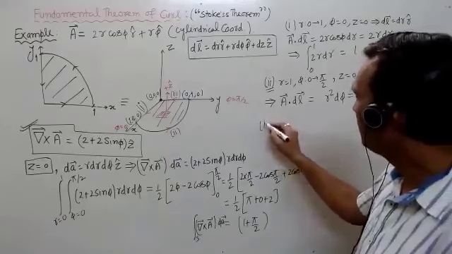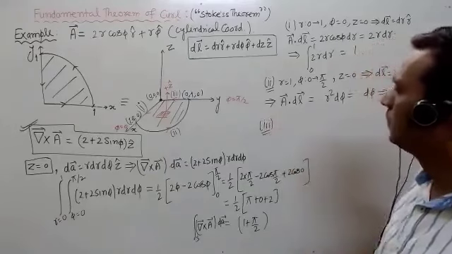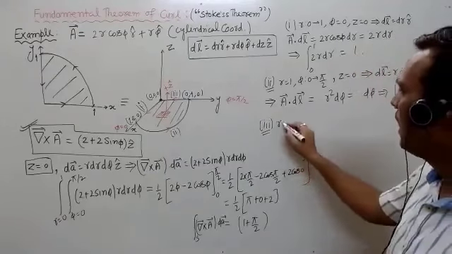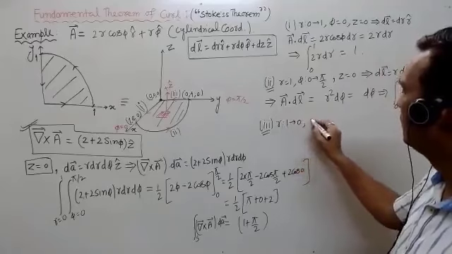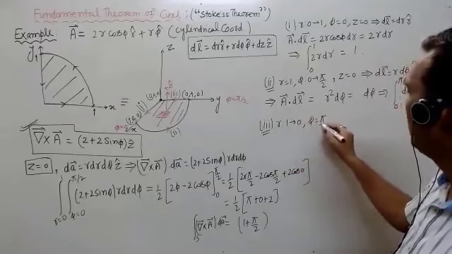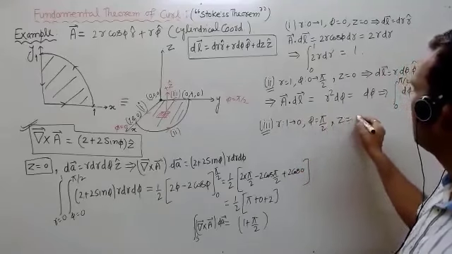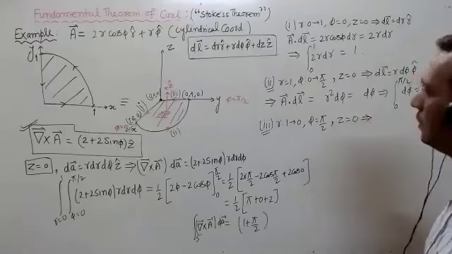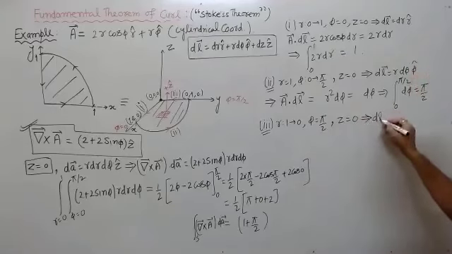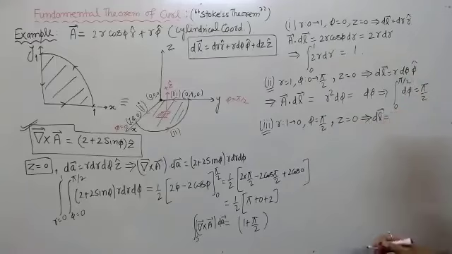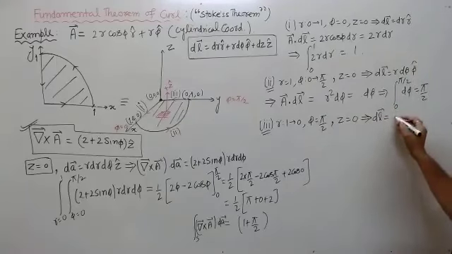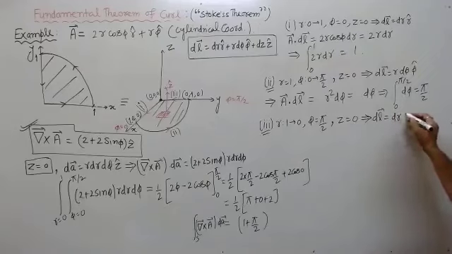And then segment 3: r varies from 1 to 0, phi is pi by 2 and z is 0. So dl is dr r cap.